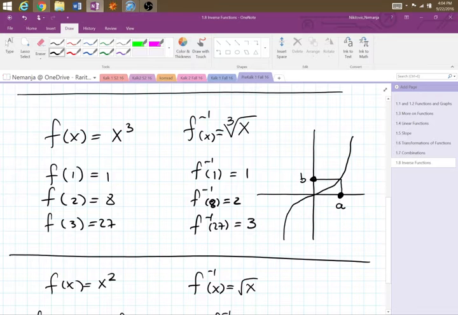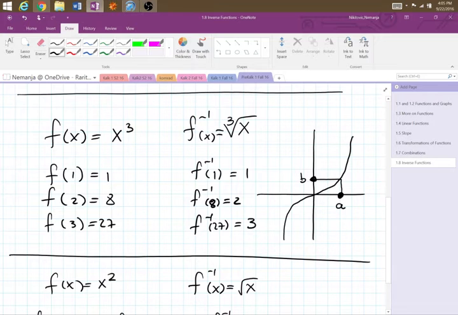Yeah. So you can pick 2. When you plug 2 into the function, it will give you 8 back. This is the point (2, 8). And then if you pick 8 here, the inverse will give you back 2, because it's the only relationship between these two numbers. You have to go perpendicular, 90 degrees, and hit the function, so there's no other way to get this. So a is going to map into b, and then b is going to map back into a.